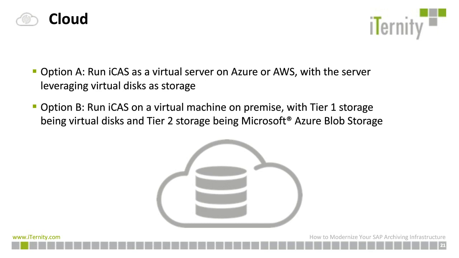Option B is a hybrid scenario where you run iTernity ICAS as a virtual machine on-premise, with tier 1 storage that the data gets written to first, and then it gets purged out of tier 1 to tier 2 storage, which can be your Microsoft Azure Blob storage. So these are two examples of how you can move your SAP archive infrastructure to the cloud.